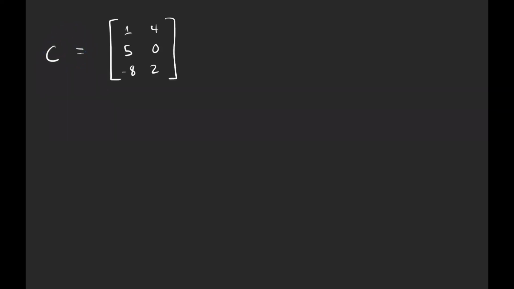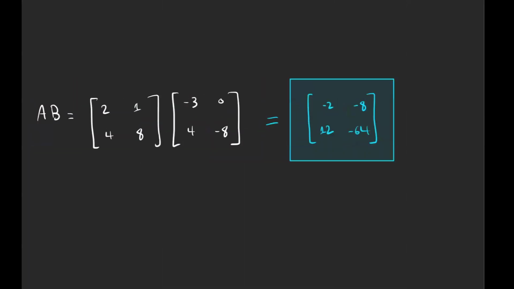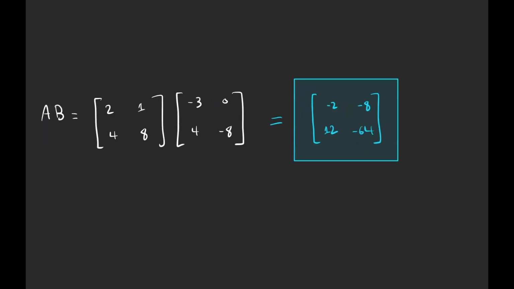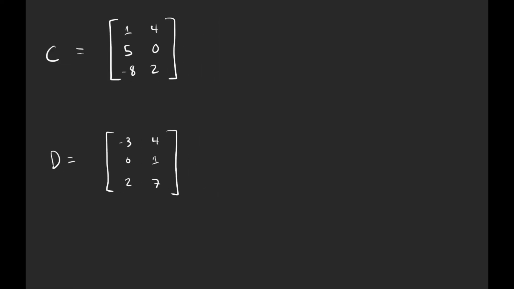And then I'm going to give us another matrix that is also of the same size, 3 rows, 2 columns. There we go. Now, as we saw before, we had 2 different 2x2s, and we got a 2x2, right? 2 rows, 2 columns. Well, here we have 3x2s. Notice I say rows first, then columns. We would expect, given the last example, that when I multiply these, I'm going to end up with a 3x2. Well, let's see what happens.